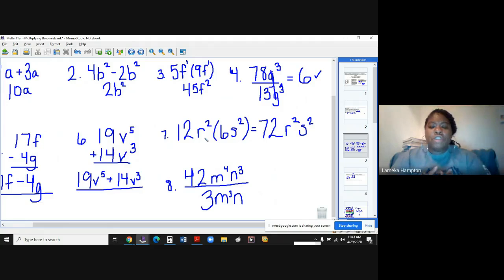All right. So the last one, we have 42 m to the fourth power n to the third power divided by 3 m to the third n. I know it's a lot, but we're going to take it piece by piece. And if that's how it helps you to solve these problems, that's exactly what you do.